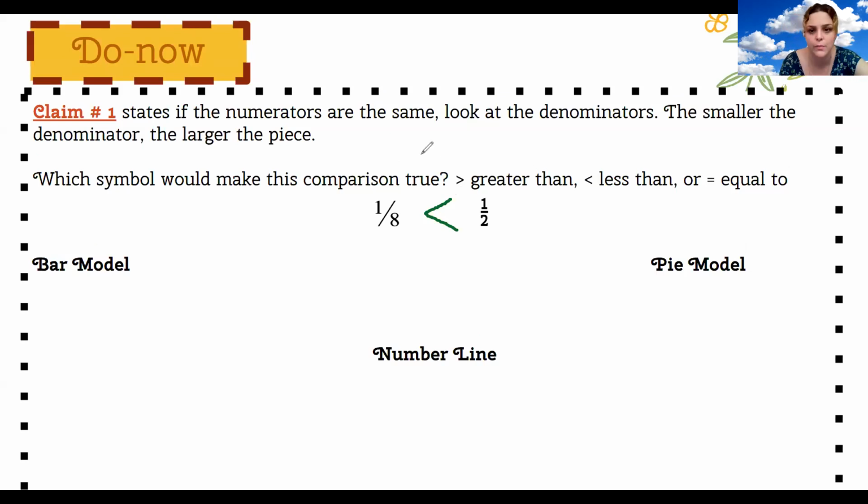So let's start using the bar model first. I'm gonna draw out a side-by-side bar model so that we can clearly see it. That's gonna be the one I'm gonna use to represent 1/8. And then I'm gonna use another color. Let's do maybe pink to represent another one.